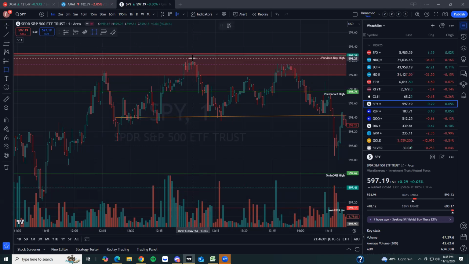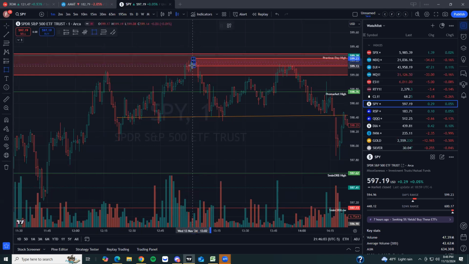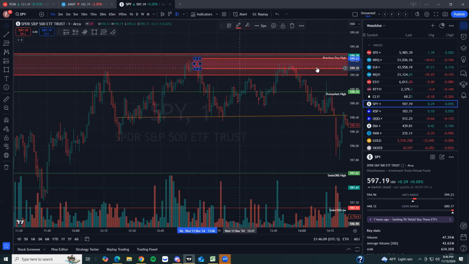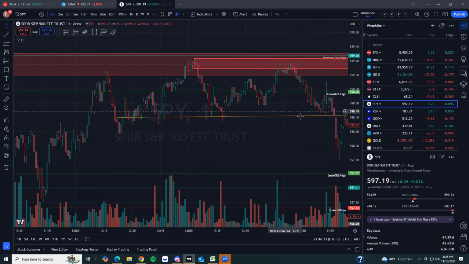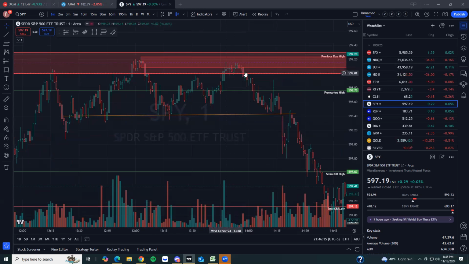So if I had to mark one for just that day, not including the previous day, I can see that area right there. See how that area is holding? So right here, my bias turned bearish.